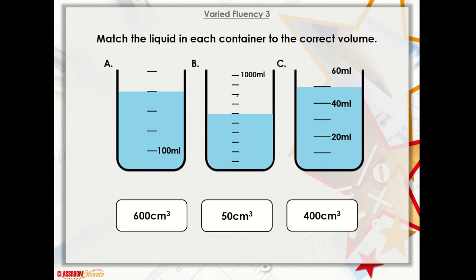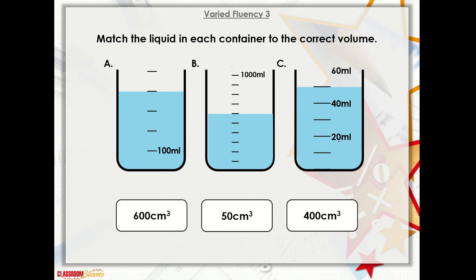This one's 1,000 up here. 1, 2, 3, 4, 5, 6, 7, 8, 9, and each one is 10. So 10 gaps. So that means each one of those represents 100 millilitres. 100, 200, 300, 400, 500, 600. And there's a 600 there.